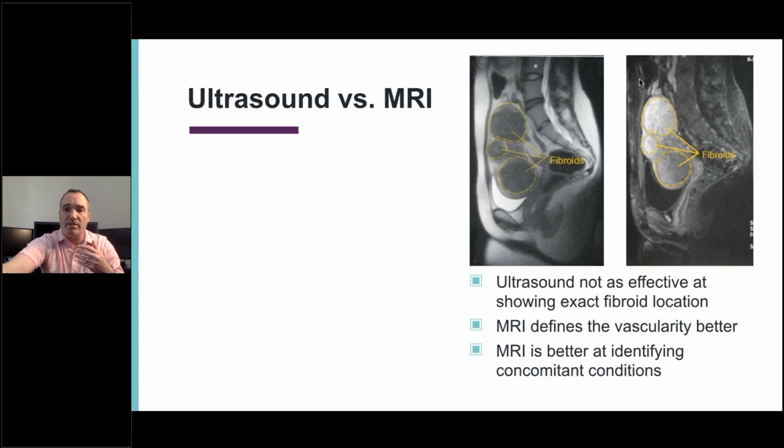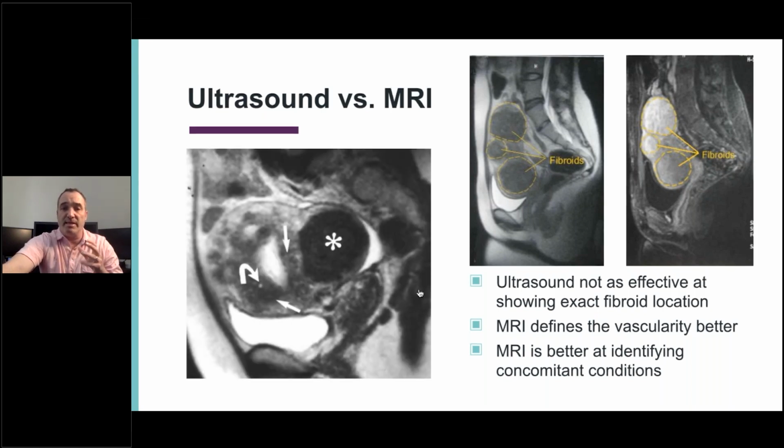So an ultrasound is a great screening tool, but it's not as effective at looking at the uterus as an MRI. So here again, you can see on an MRI, as I was saying, MRI defines the vascularity, and it also can identify other conditions, as in this case, where the person has a fibroid back here with a star, but they also have this condition called adenomyosis, which is an overgrowth of the inner lining of the uterus.